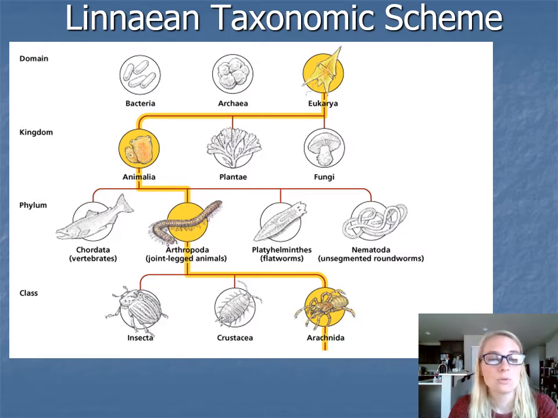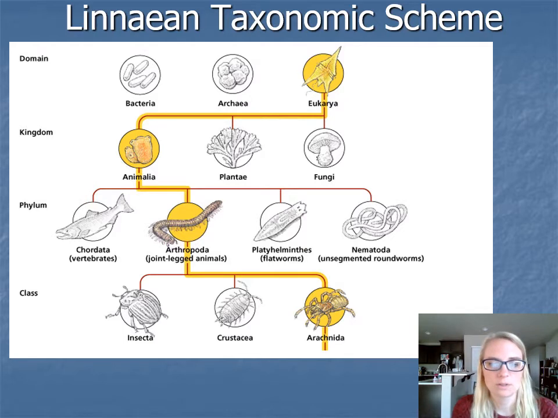Of the domain Eukarya, there are three kingdoms, made up of eukaryotic cells that have different characteristics. We have animals, plants, and fungi. This particular critter we're going to be tracking is an animal, which means it's heterotrophic, it's multicellular, and it usually has locomotion, though not always.